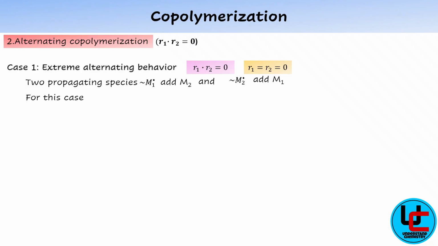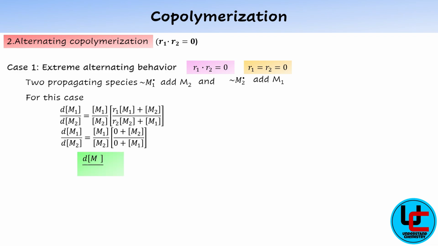To understand this mathematically, we start with the general copolymer composition equation. Under the alternating condition, where R1 R2 is equal to 0, for the extreme case we consider when R1 and R2 are both equal to 0. The expression simplifies significantly. The ratio of monomer consumption rate dM1 over dM2 becomes 1, meaning both monomers are consumed at equal rates.